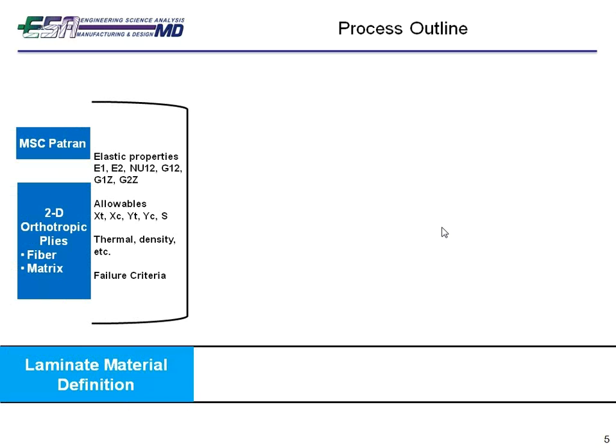Getting started, the usual steps one has to take in creating a composite model: first, we would create a laminate material definition. In this case, we are using a 2D orthotropic ply where we apply the direction-dependent properties.